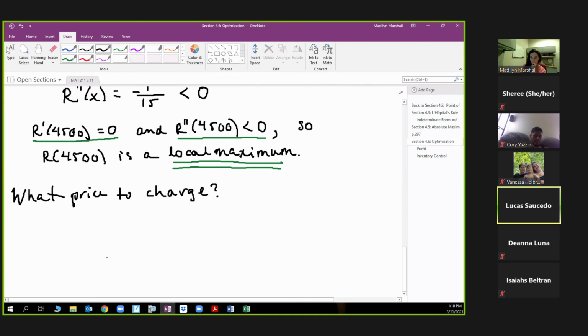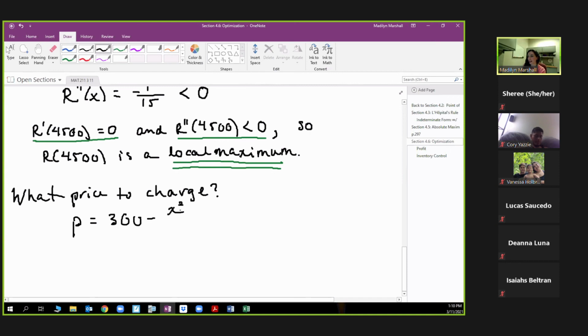Plug 4,500 into the price equation. Exactly. We have that price equation to start off with. And so we can just plug in that 4,500.